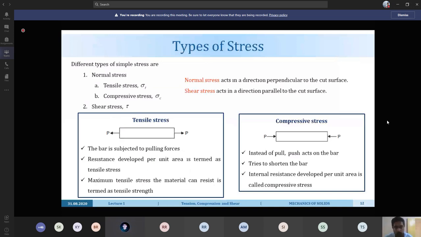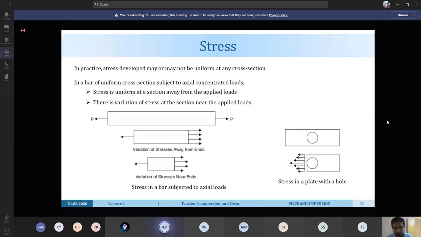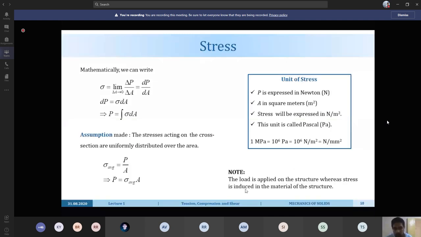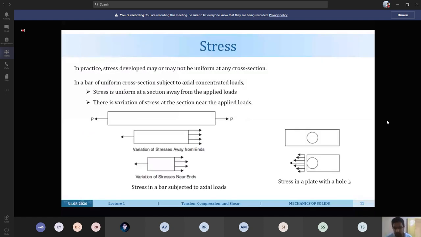Sir, does the hole in that plate have any effect on the stress distribution, or is it the same as the simple plate? No, it will not be the same, because you are removing some material from here. The resistive force is developed when the external load is applied on the structure and stress is induced in the material of the structure.